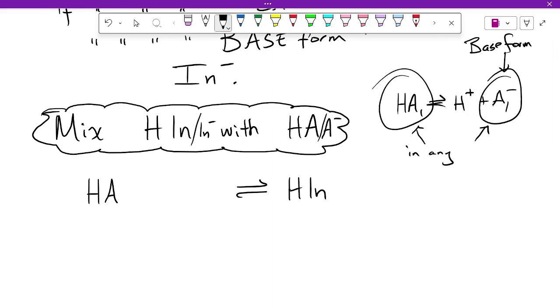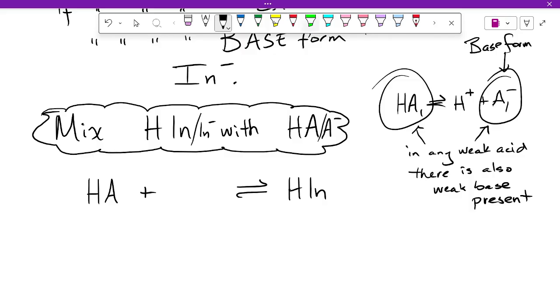In any weak acid, there is also weak base present. So if I've got HA on the left, which of my four species is going to be on the left with it?